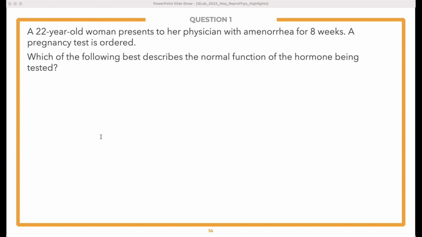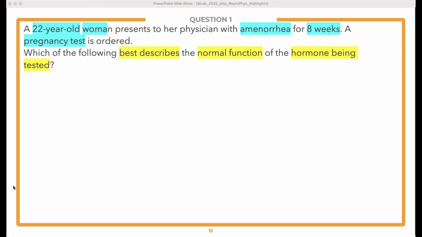And in this case, it's because she's having amenorrhea. And then a lot of times they'll tell you how long it has been going on for. They'll tell you a couple days, a couple years, so you can get a sense for the chronicity or lack of chronicity of the condition. In this case, they tell us it's been going on for 8 weeks. And then they tell us a pregnancy test is ordered.